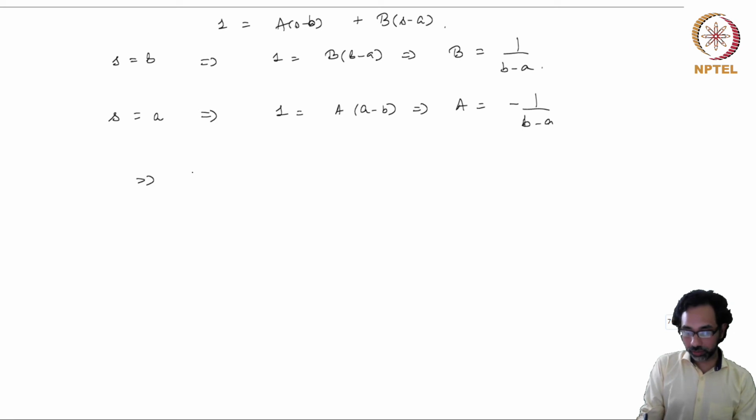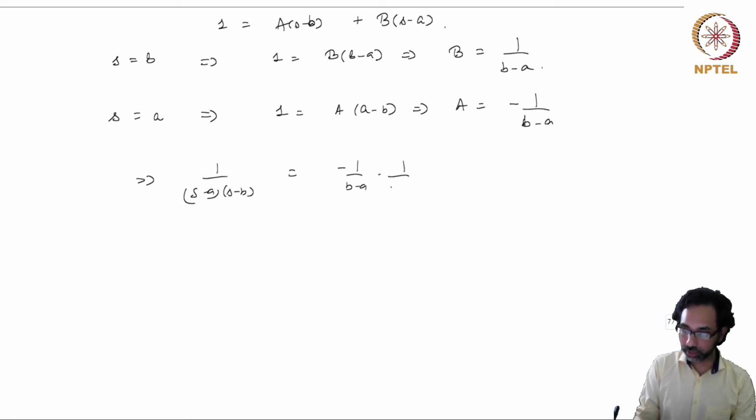So then we can write 1 over (s minus a) times (s minus b) as minus 1 over (b minus a) times 1 over (s minus a).